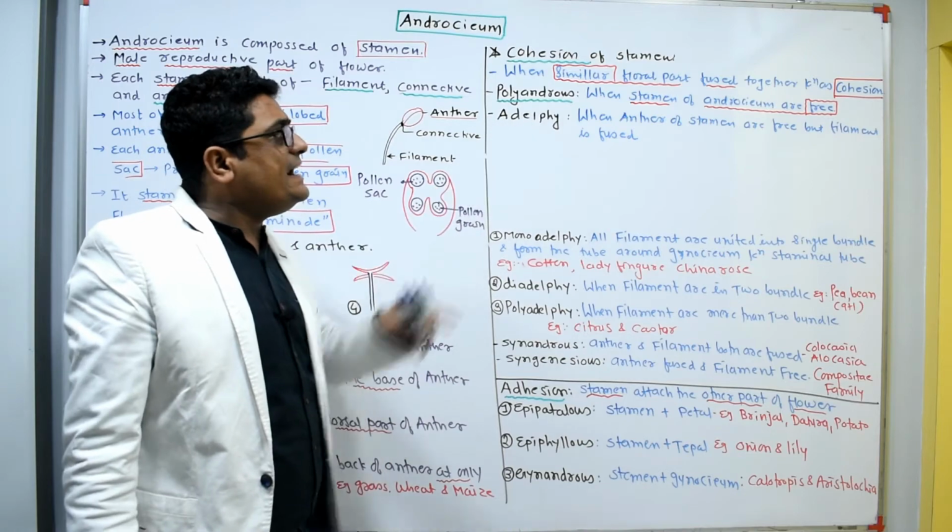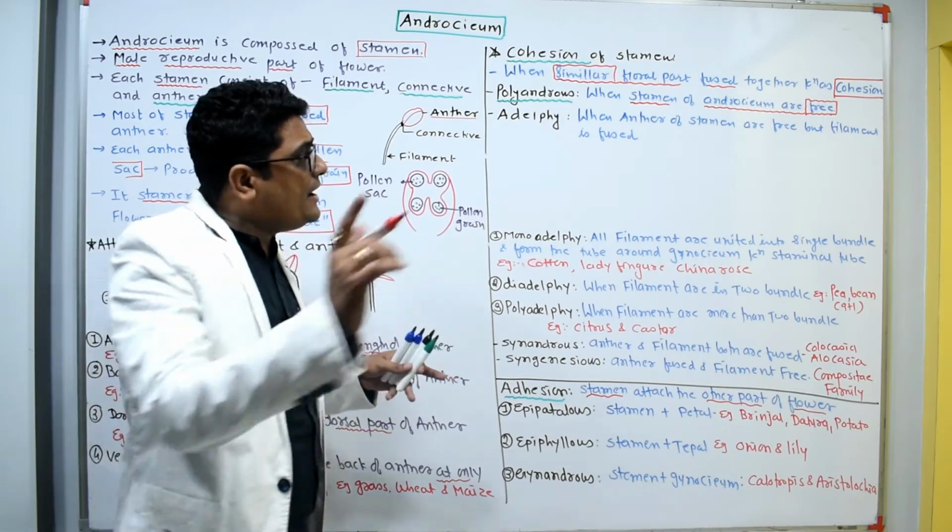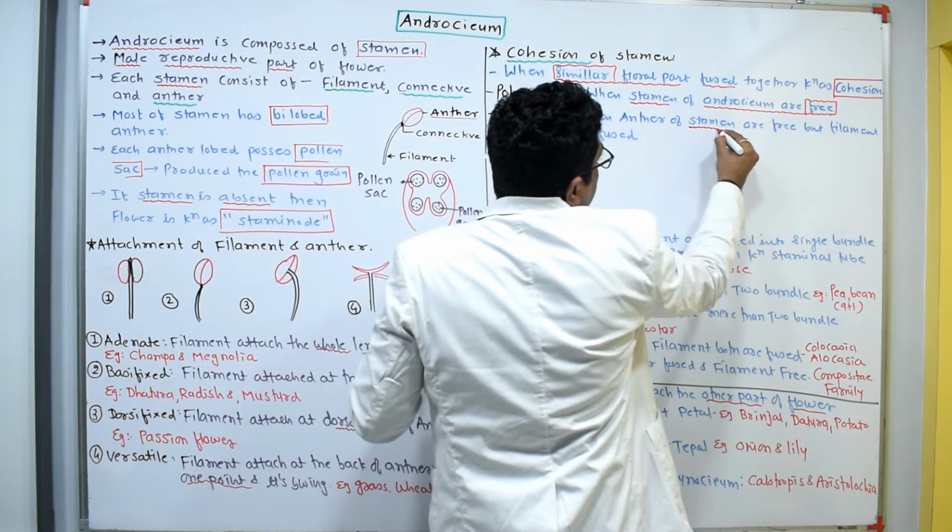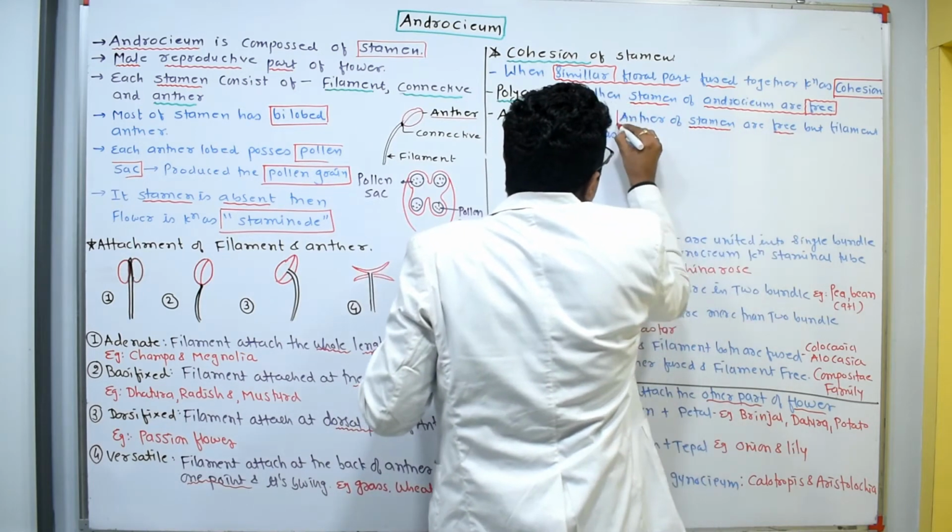Like there are three types, beta: monoadelphi, diadelphi and polyadelphi. And what happened in the monoadelphi? Look at here, beta.